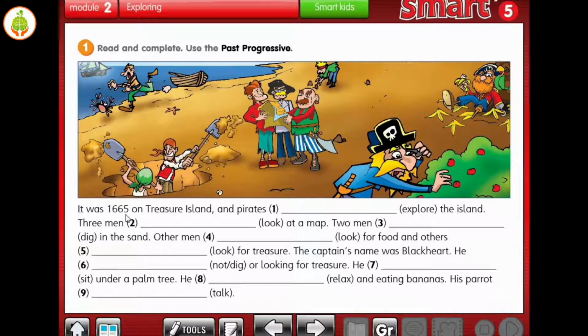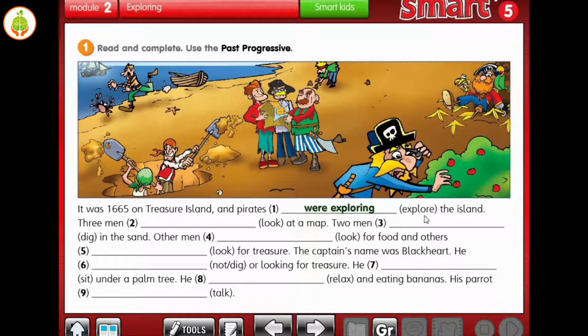It was 1665 on Treasure Island, and pirates. Ooh, pirates. Is it singular or plural? Plural. So we're going to use were plus explore. We put ing at the end of the word, but remember we have to drop the e. So it becomes were exploring.